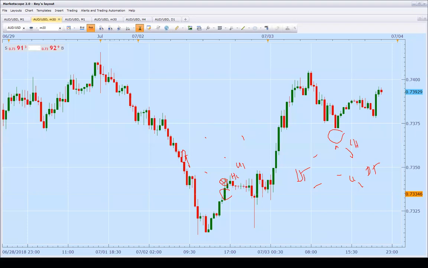Okay, let's go through an example right here. We'll go through a live example. I'm going to draw an uptrend line and a downtrend line. When you're drawing downtrend lines, you are simply taking the peaks.